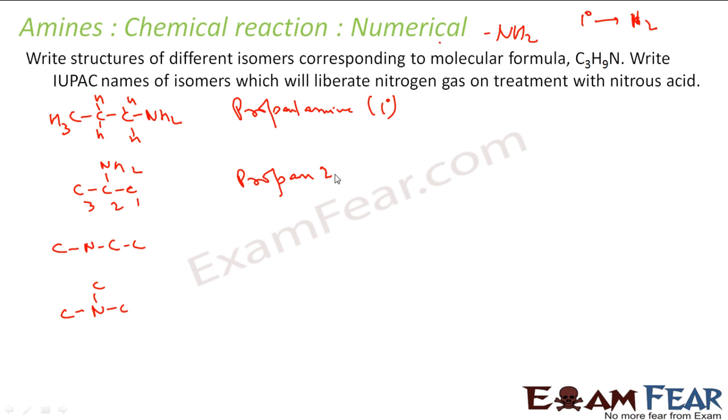This is propan-2-amine. This will be what? This will be the longest chain. This will be the substituent. So it will be N-methylethanamine. This will be what? There are 2 substituents. The longest chain is this, N,N-dimethylmethanamine.